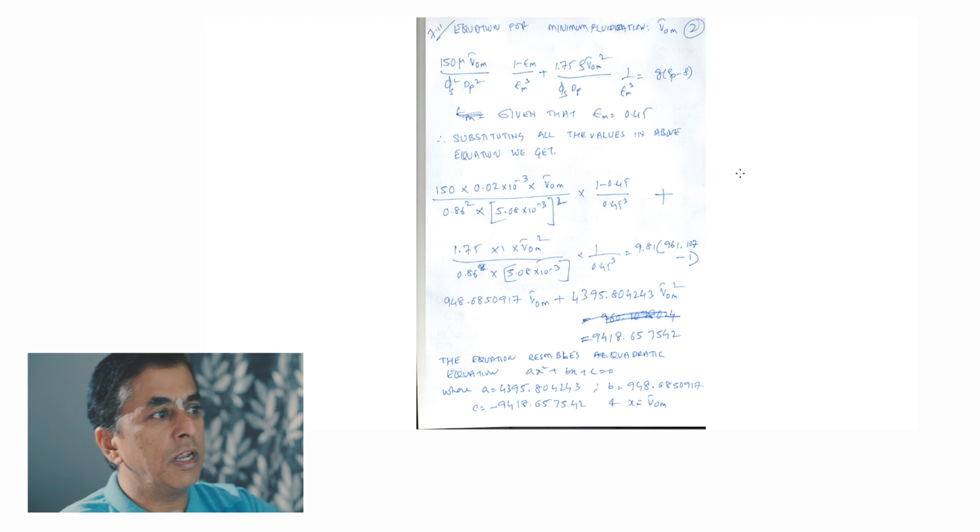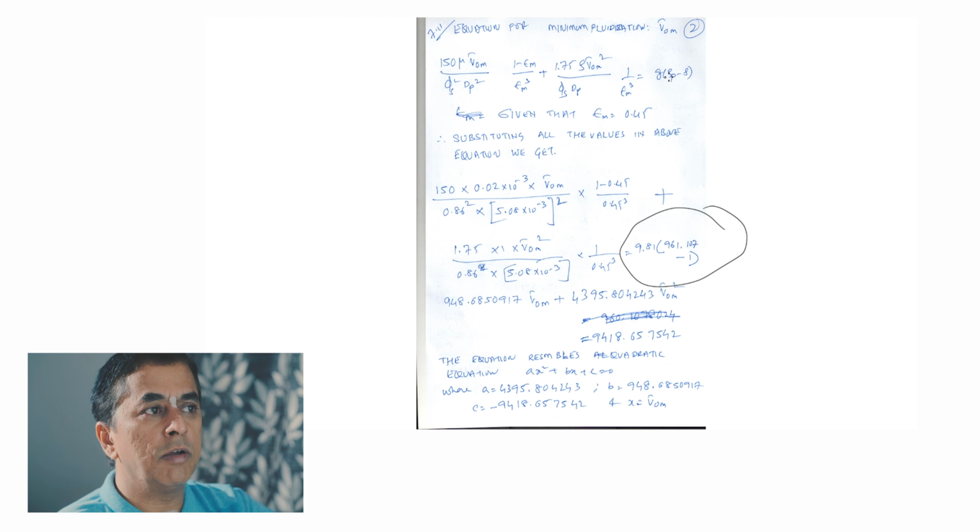In the second part, 1.75 rho, where rho is the density of the air, which is given as 1 kg per meter cube, and then V bar 0m whole square divided by 0.86, and then the diameter of the particle, and then we have epsilon minimum raised to 3, and this is given by 9.81 into density of the particle minus the density of the fluid, which is 1.